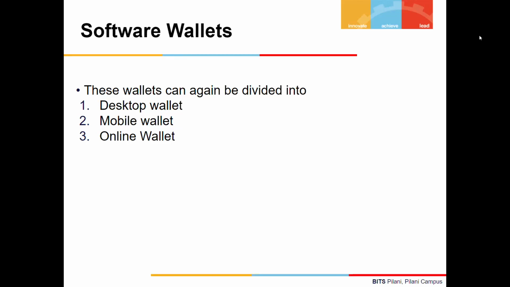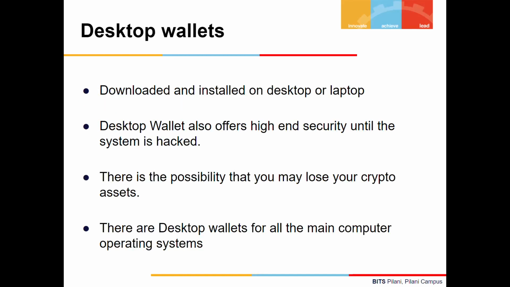The next is software wallets. Software wallets can again be divided into desktop wallet, mobile wallet, and online wallet. So let's start with the desktop wallet. A desktop wallet is one which is downloaded and installed on a desktop or laptop. It can only be accessed in the system in which it is downloaded.